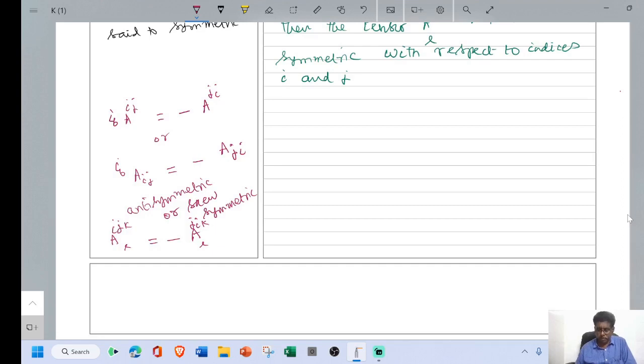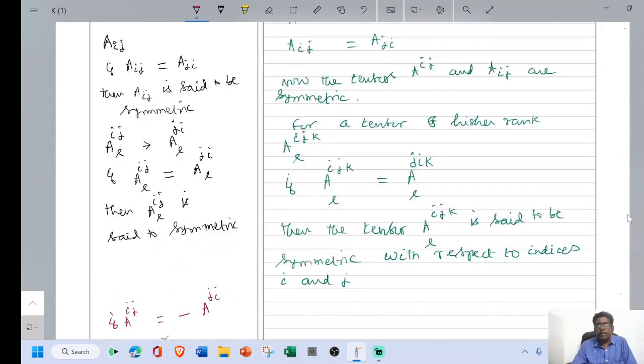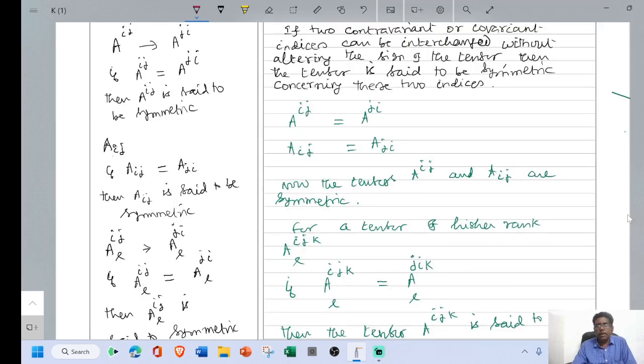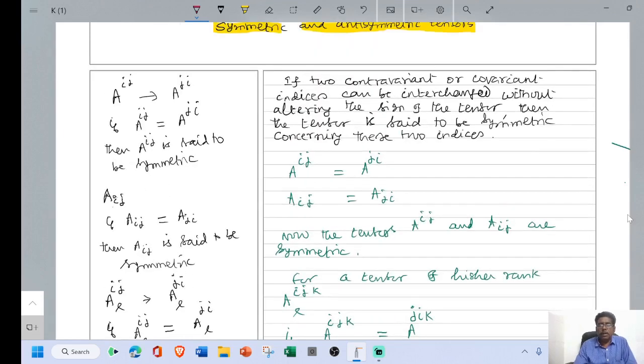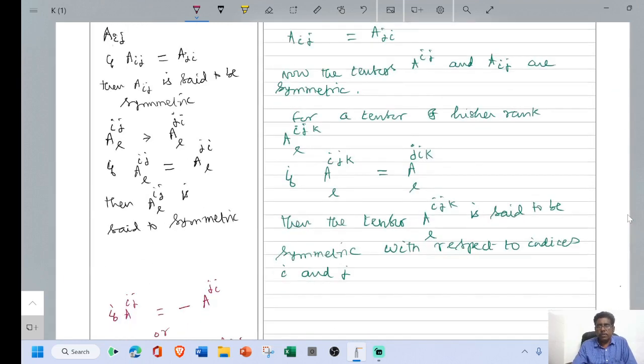Now we have to write the statement. Here the same statement you have to repeat. If two contravariant or covariant indices can be interchanged with altering the sign of the tensor, that means the sign of the tensor is changed to negative, then the tensor is said to be antisymmetric concerning these two indices.